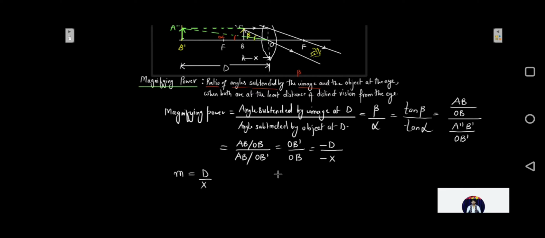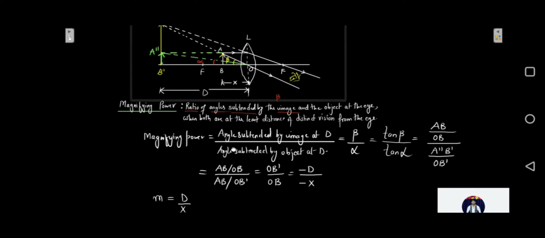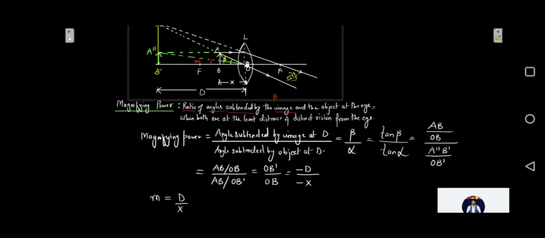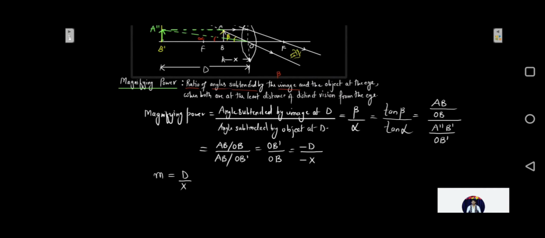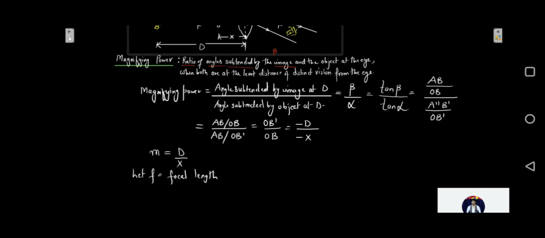Now let us consider that F is the focal length of the convex lens which is used, and the image is formed at the least distance of distinct vision. So the image distance, that is V, is going to be capital D.